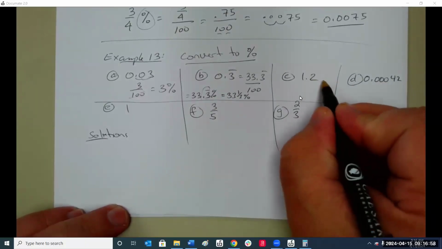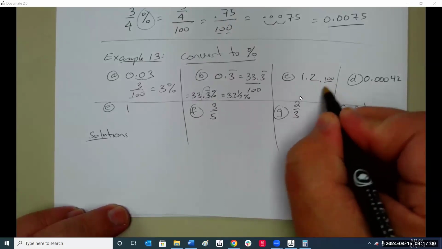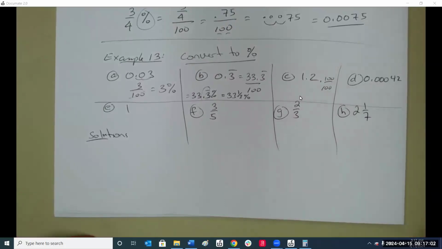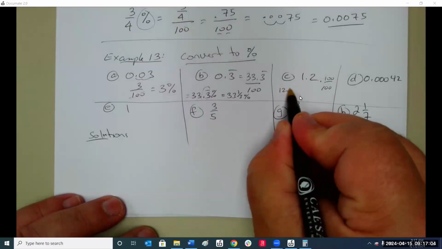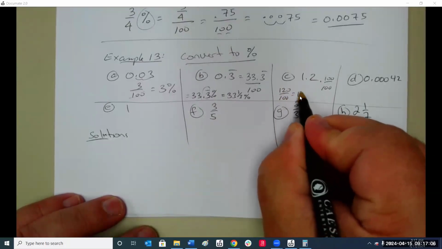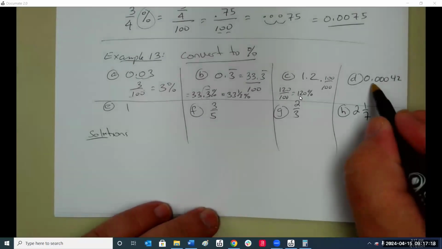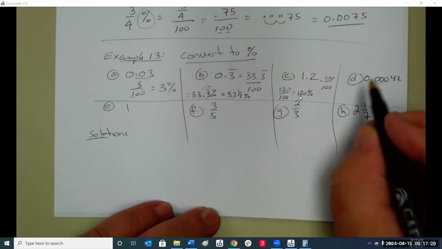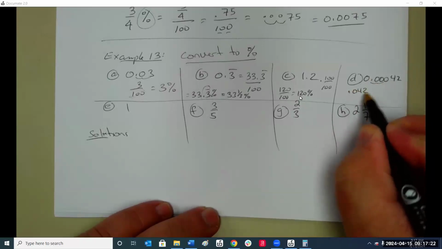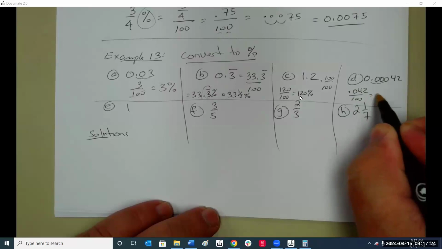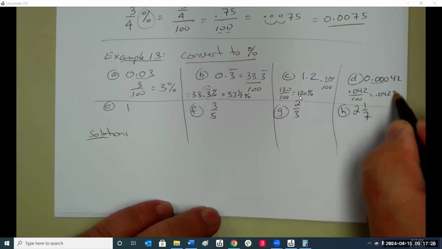Yeah, so basically what you're doing is multiply the top and bottom by 100. So it's 120/100, which is 120%. Same thing here. I multiply the top by 100, so it's 0.042/100, 0.042%.